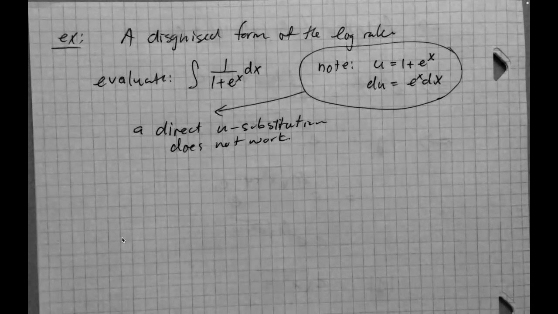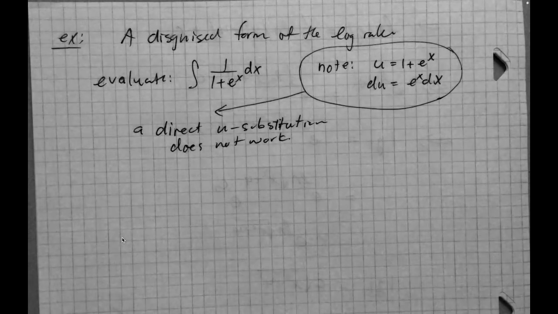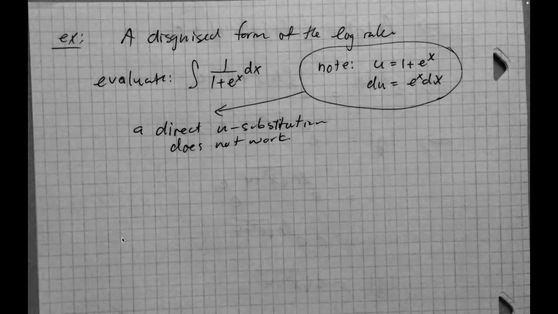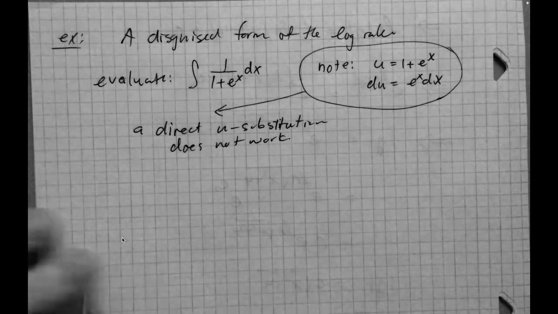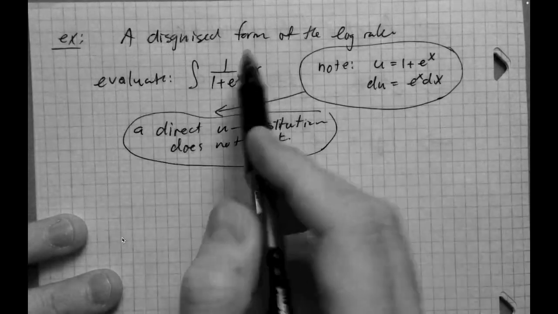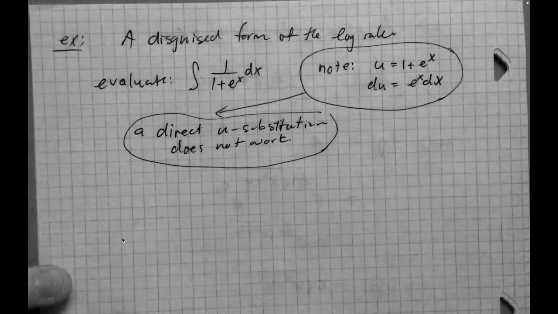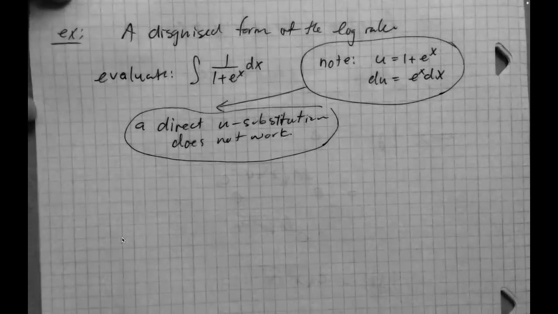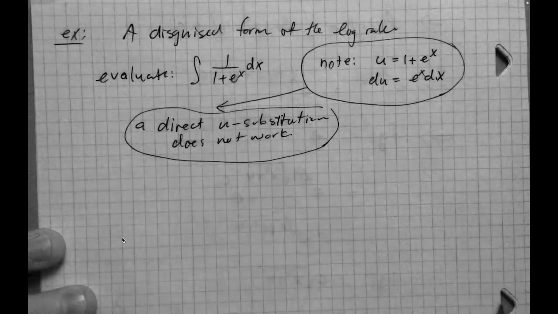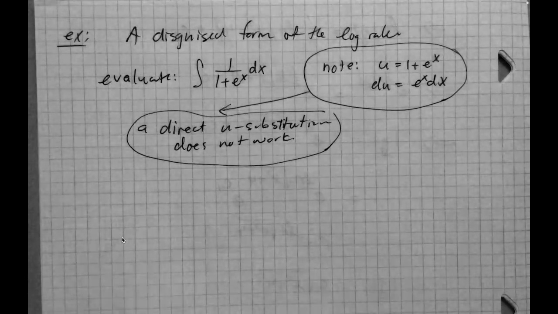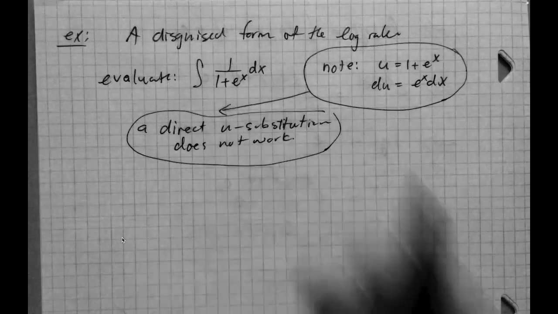Okay, so maybe you would throw in the towel at this point. But what we can do is manipulate the integrand using a very basic algebraic technique. It turns out to be rather powerful and allows us to integrate this.